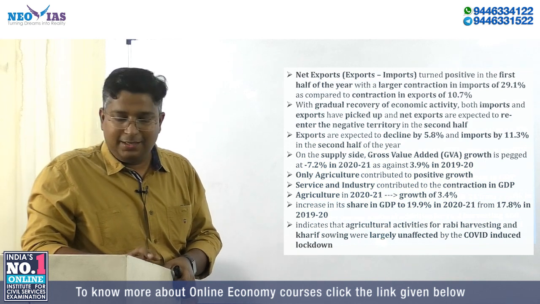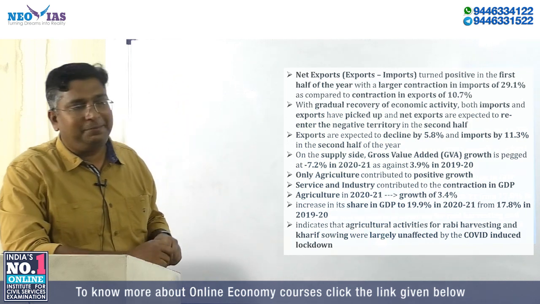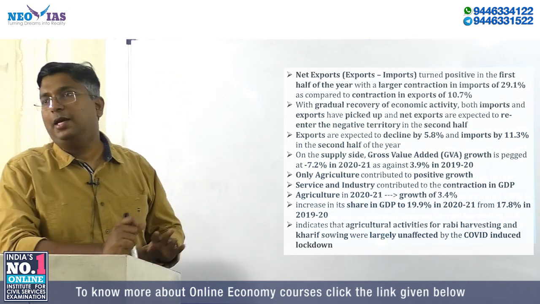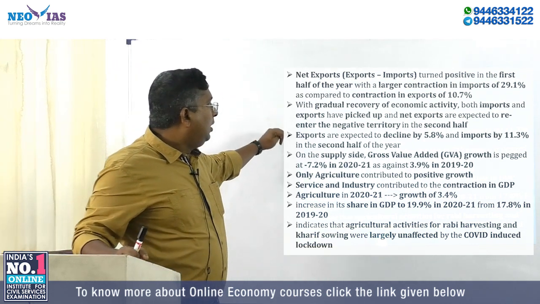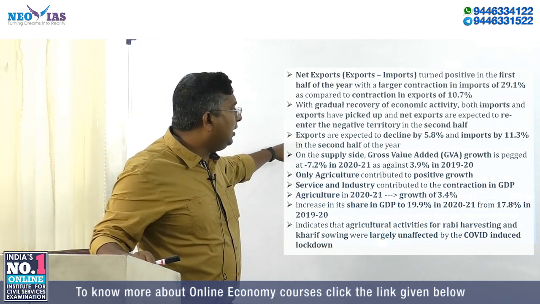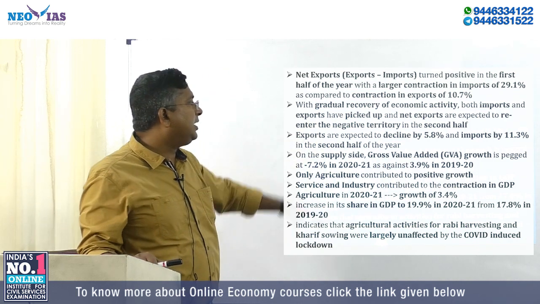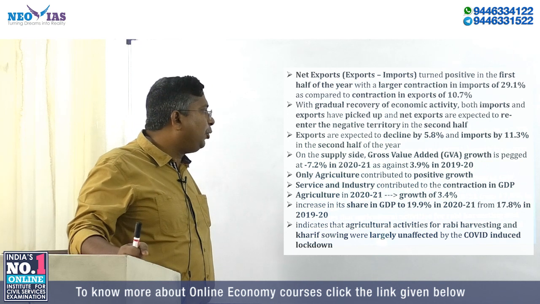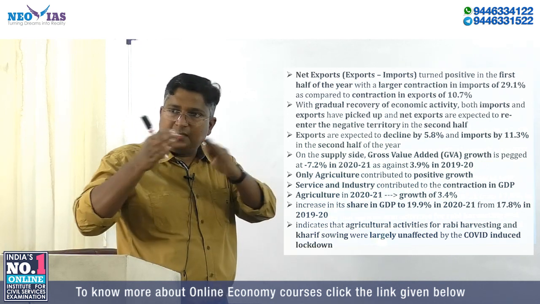Regarding gold, I will discuss it later because that's also a current affair. Since we are talking about imports, it says that in the second half, exports are expected to decline by 5.8%, but imports by 11.3%. So the difference is reduced.